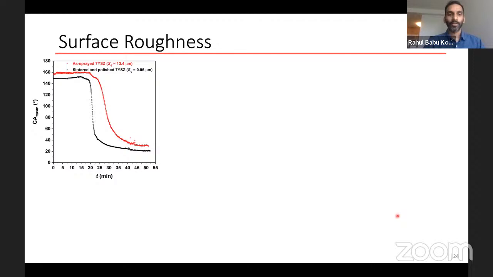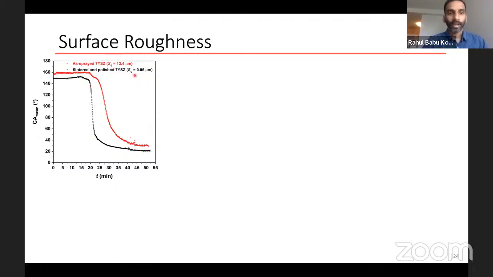I'd like to end this talk with some of our ideas for future work that are ongoing. So in the ARL experiment, they observed something interesting. Here I have the contact angle evolution for two different surfaces. The red is the rough surface that we have seen in the movie, and the black is the smooth surface.